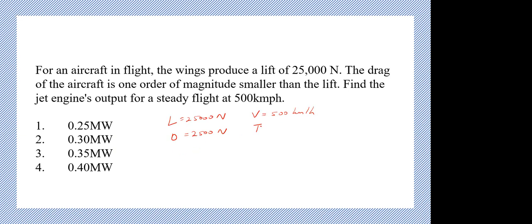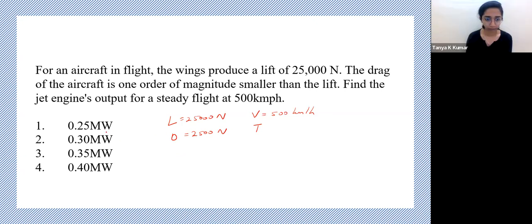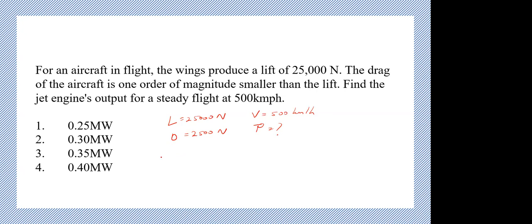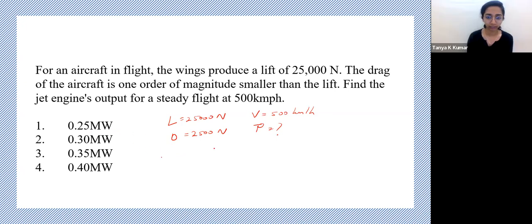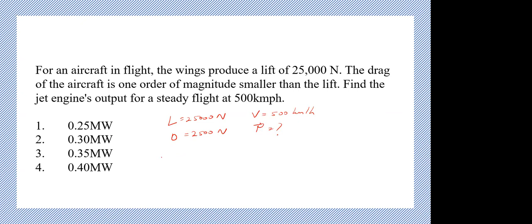Thrust equals power upon V infinity. Since the options are in megawatts, we need to find out the power, right? Power is V infinity into T. Yes, thrust is equal to drag in level flight.